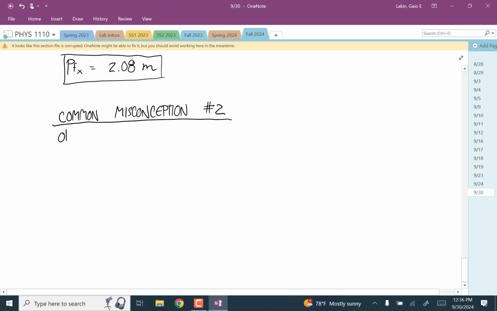And this one is that it's often believed that an object's horizontal speed affects how quickly it falls.